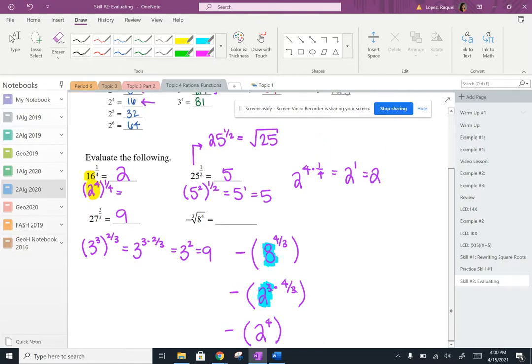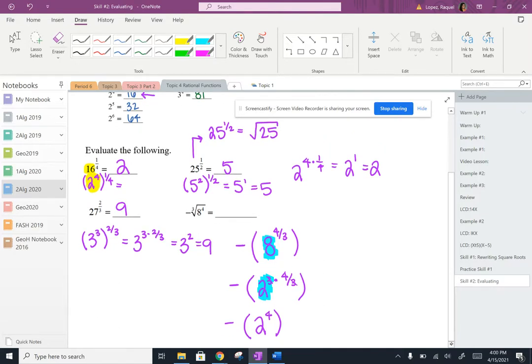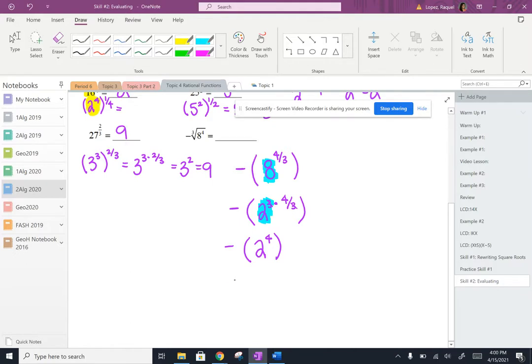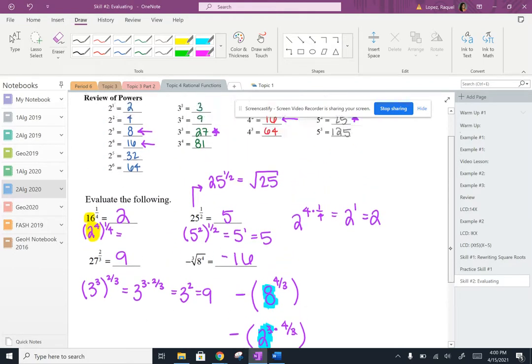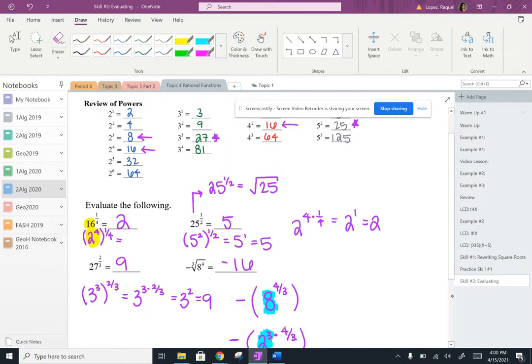And we can see from our list up here that 2 to the 4th power is 16. So this is the same thing as saying negative 16 when I multiply that negative from in front. So this answer is negative 16. Go ahead and try the next 4 problems on your own. Pause the video, rewind, and listen to some of these explanations again if you need to.